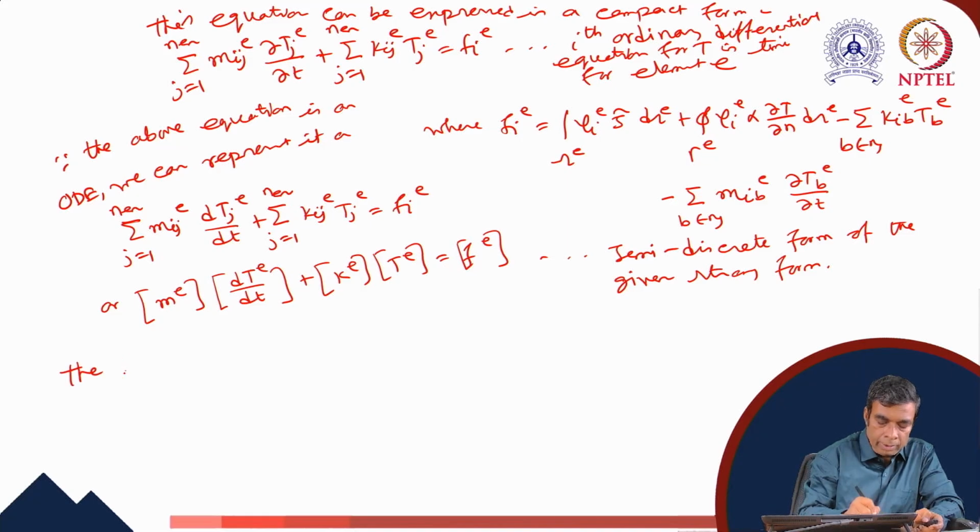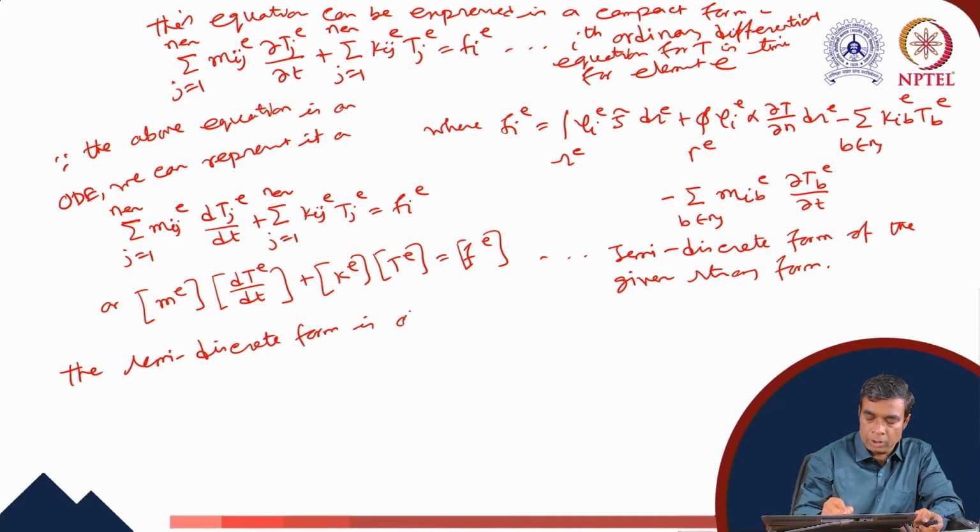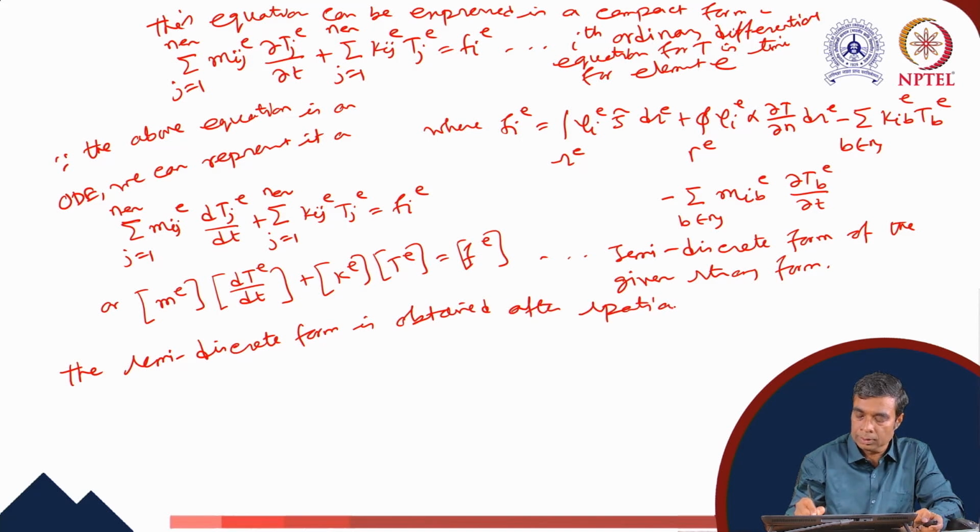The semi-discrete form is obtained after spatial discretization.